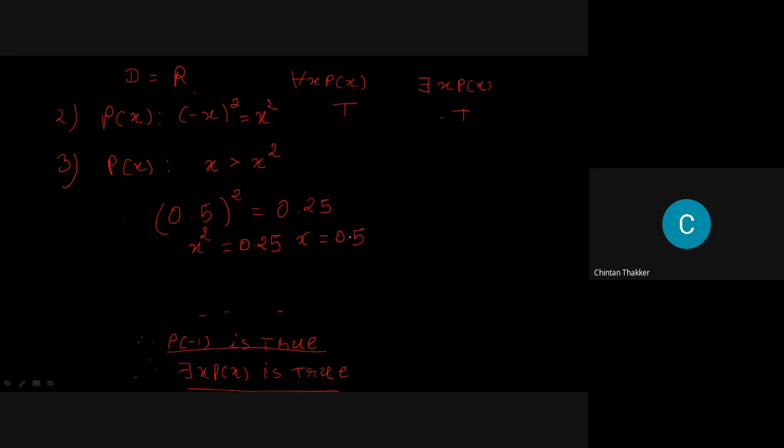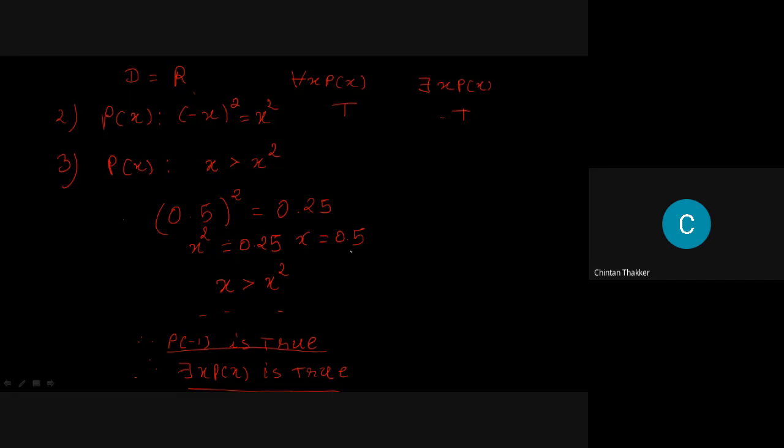Which one is greater, 0.25 or 0.5? I think 0.5 is greater. So for this one, we have x is greater than x square. So for 0.5, this P(x) is true.